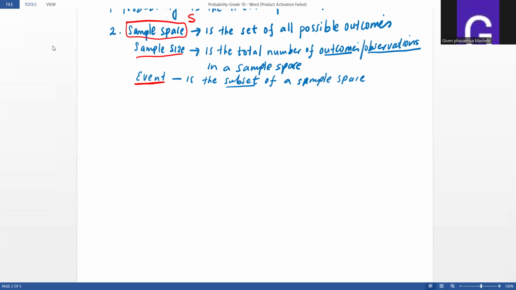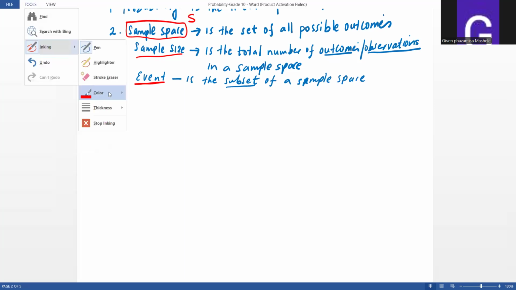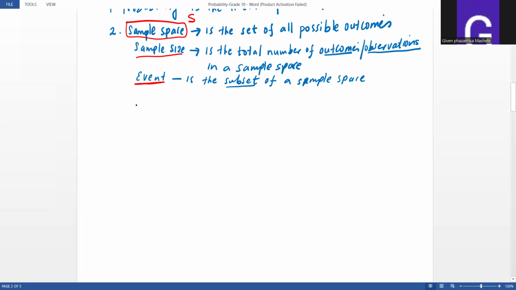As an example, let me just call it example 1. We have a case where we are rolling a die. Imagine when you are rolling a die.